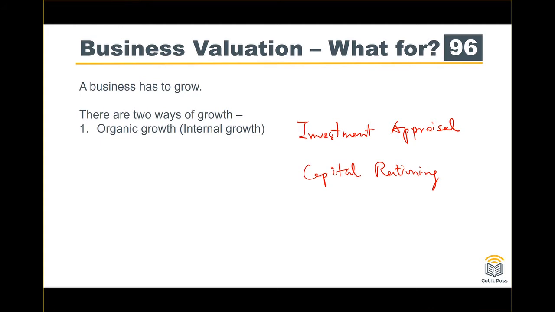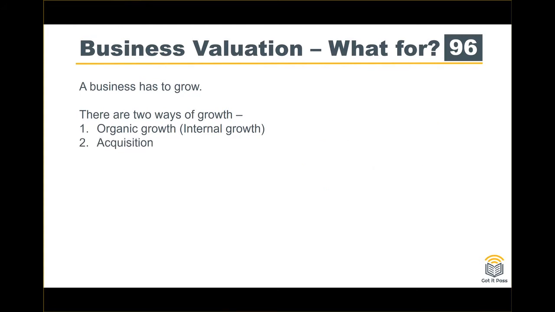Other than organic growth, we have other growth as well. We have acquisition. Acquisition means we have the funds available, but we would like to acquire a business outside our current business, outside our company. We would like to acquire other companies.